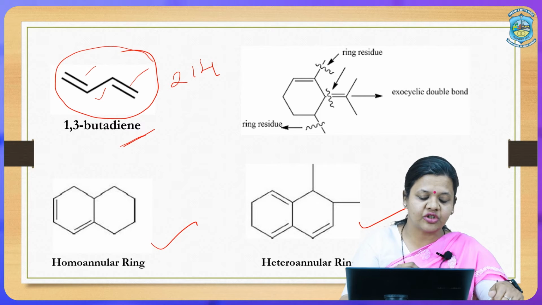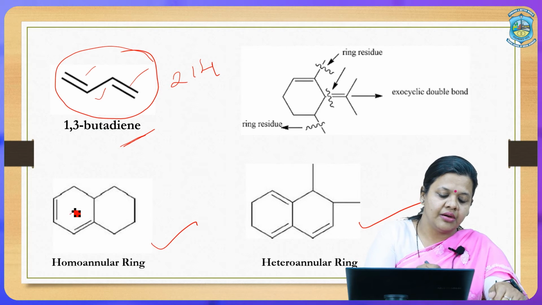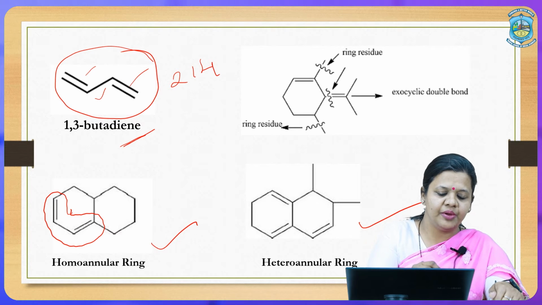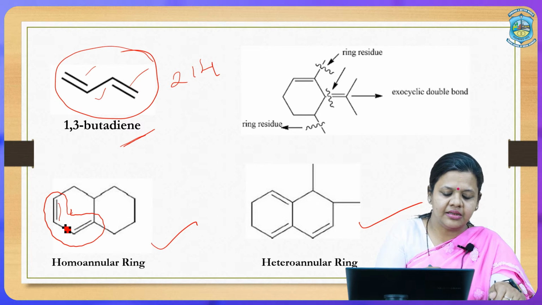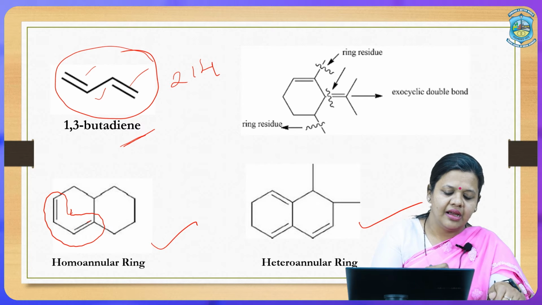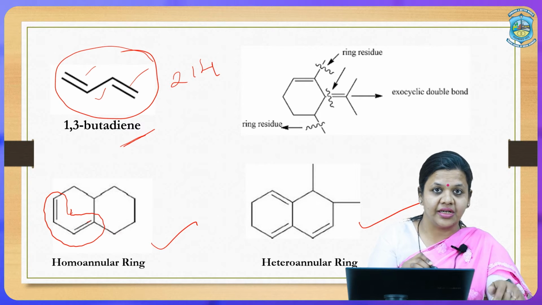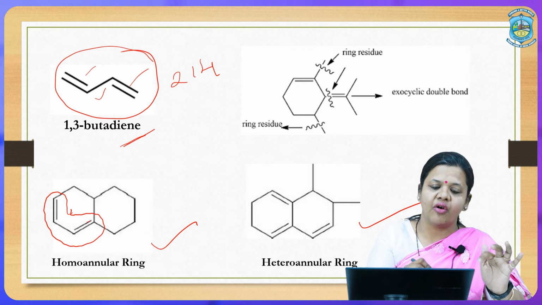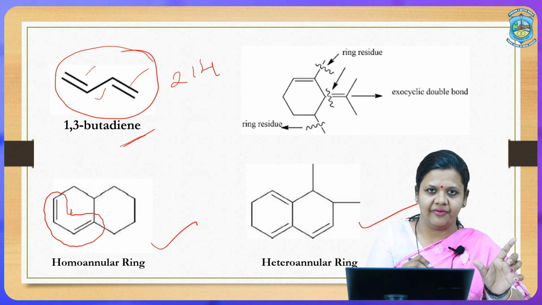But when I am talking about cyclic structures, here you can see there are two different conditions that may arise. A cyclic structure in which the alternate double, single and double bonds make 1,3-butadiene, that is the parent molecule which we are trying to identify, is formed within one ring itself.